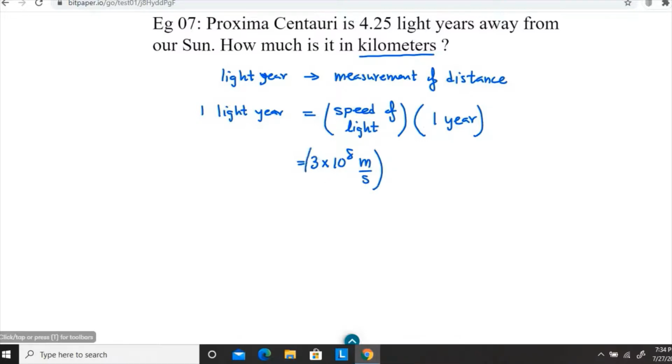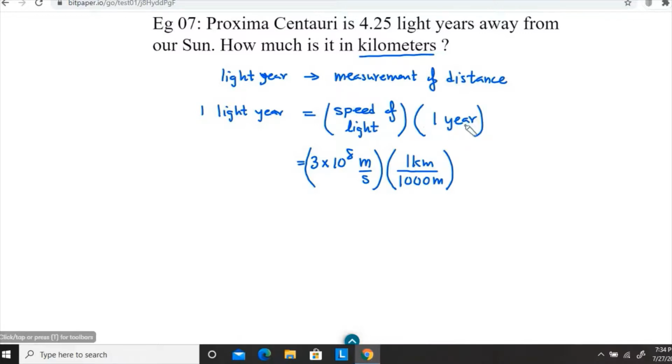However, this is in meters. I need to convert this into kilometers. So I know that 1 kilometer is equal to 1000 meters. So this is my first conversion factor where I converted meters into kilometers.